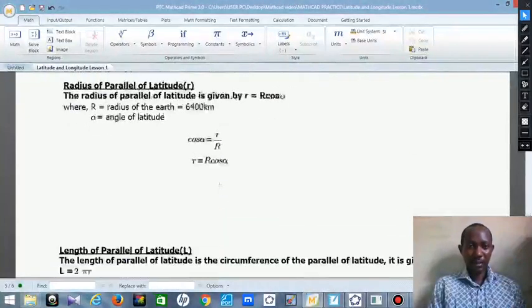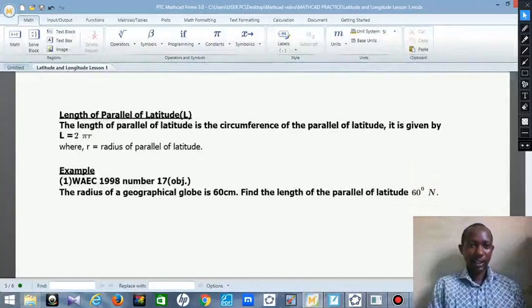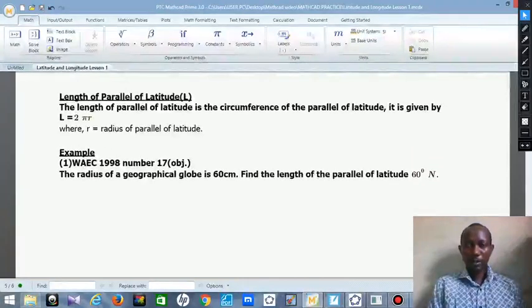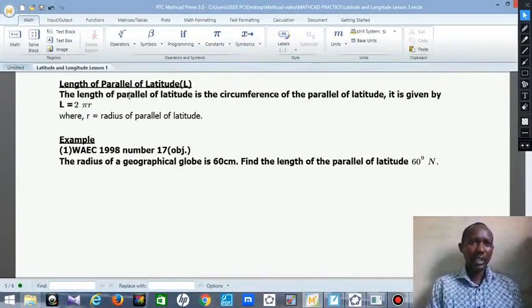It's very, very important. Some questions usually come out in WAEC questions. You can see this example we have here. This is a WAEC question, very important. But let's study how you get the length of parallel of latitude, which I represent as L. So the length of parallel of latitude is the circumference of the parallel of latitude. It is given by L equals 2 pi r. Remember, the length of parallel of latitude is the same thing as the circumference of the parallel of latitude.